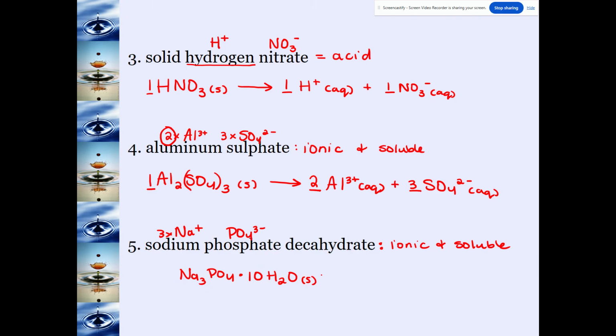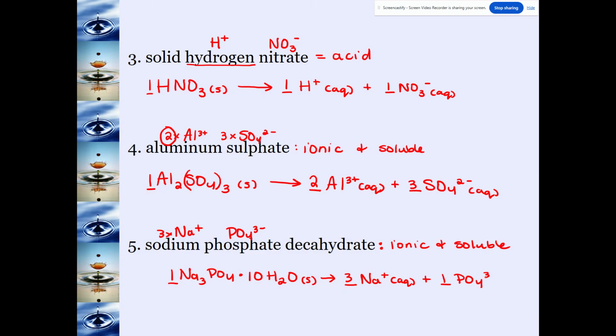Remember, hydrated compounds are still solid. This is water chemically bonded in the ionic crystal. It's still a solid compound. Now, when I dissociate it, I'm going to show again that it's splitting into 3 sodium 1+ aqueous ions and 1 phosphate ion.